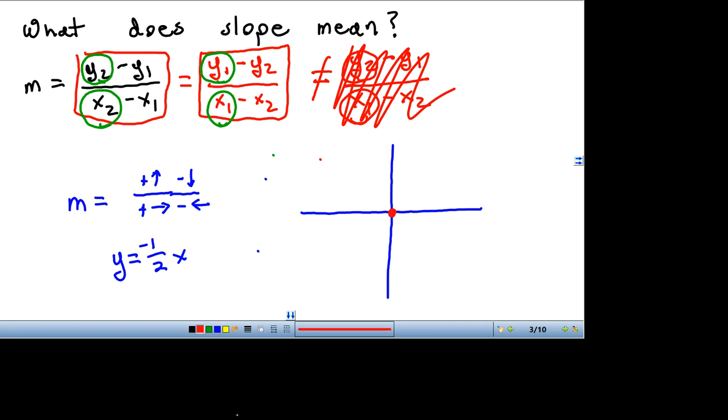And now if I want to figure out which way do I go with the slope, negative 1's at the top, so I'm going to go down 1. And it's a positive 2 in the bottom, I'm going to go right 2. So down 1, boom, right 2, boom, boom. Boom, down 1, boom, boom. Right there. So that is my line.